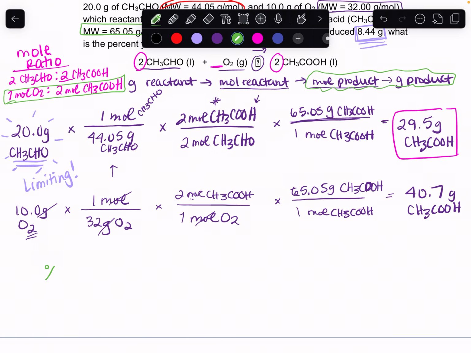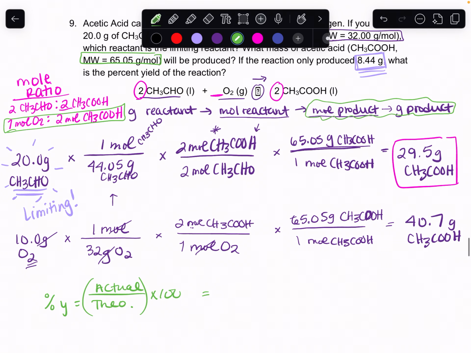So percent yield is going to be our actual yield over our theoretical yield times 100. So I can just plug everything in. My actual yield was that 8.44 grams. My theoretical yield was 29.5 grams.